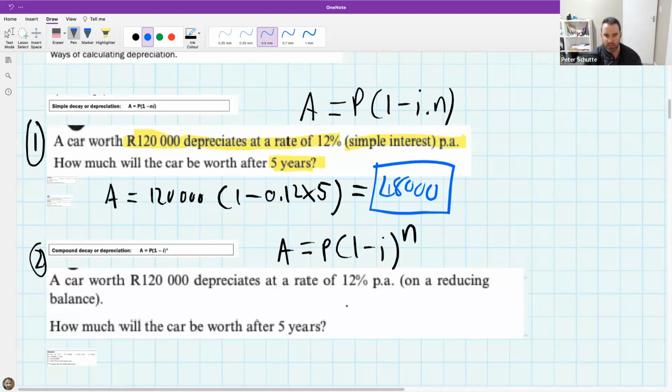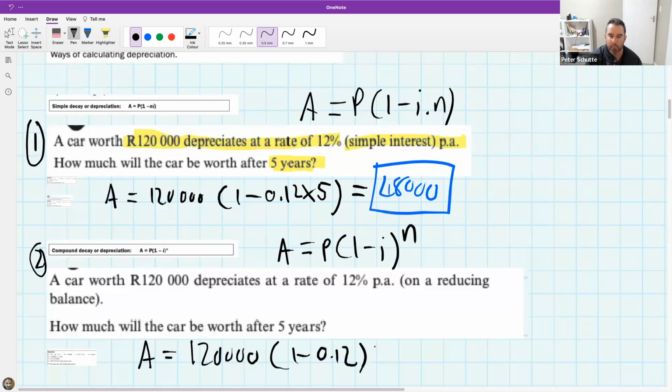Now, what is the car worth if we use the reducing balance or the compound depreciation method? That's the next one I want to know about. I'm probably going to have to use my calculator here.